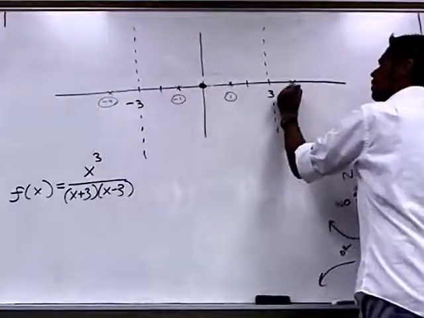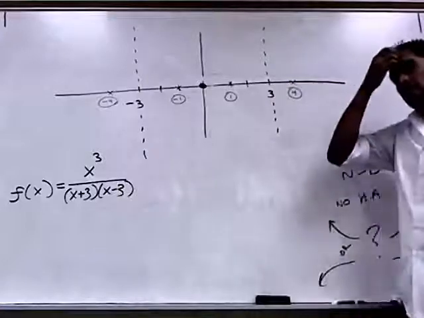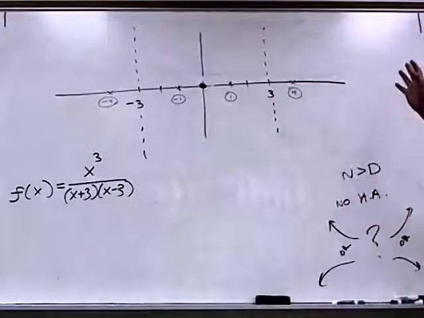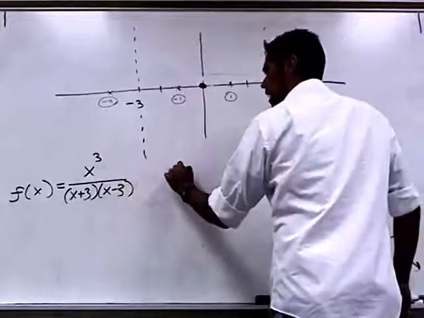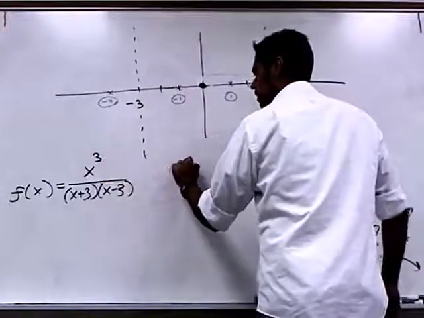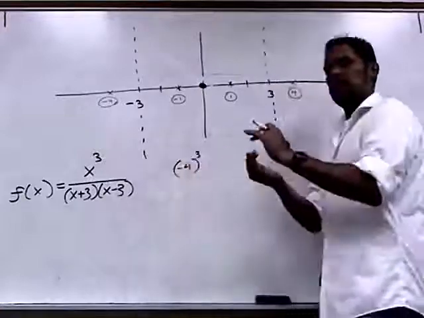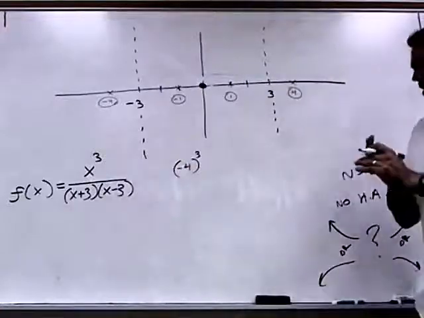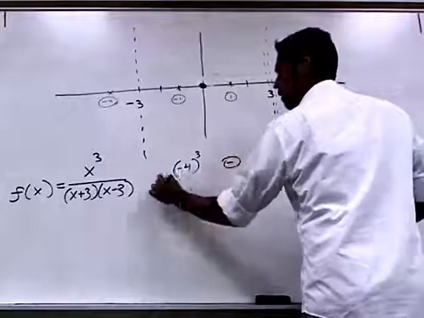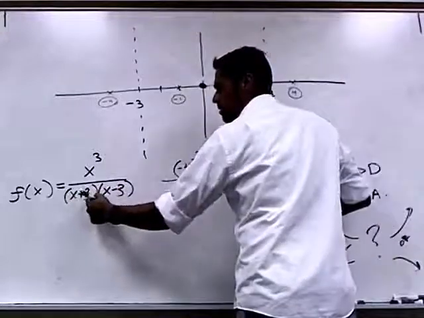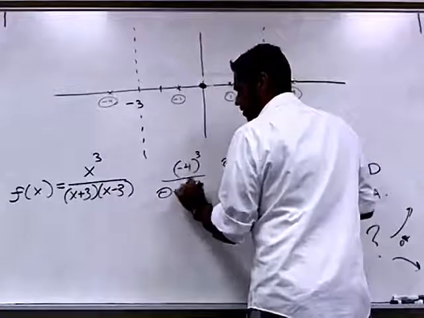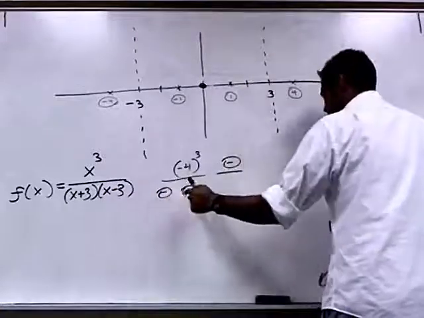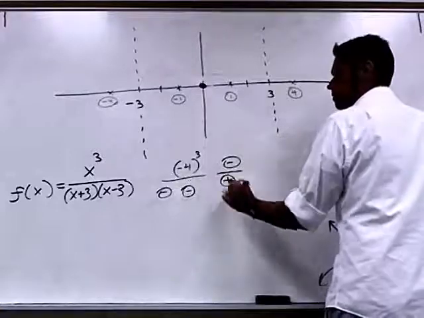And I would have picked 4. That way I could determine what's happening in each of those regions. If I plug -4 in here, I have -4 cubed. What's a negative times a negative times a negative? Negative number? Over -4 plus 3 is negative. -4 minus 3 is negative also. Negative times negative, positive.